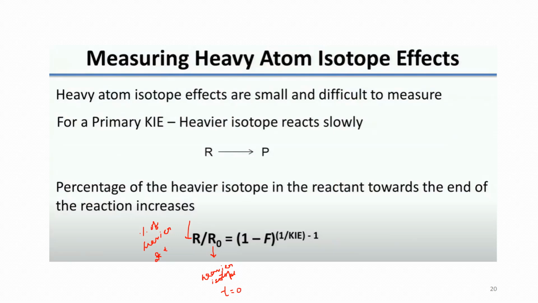So by this equation, we can get the kinetic isotope effect for this heavier atom.